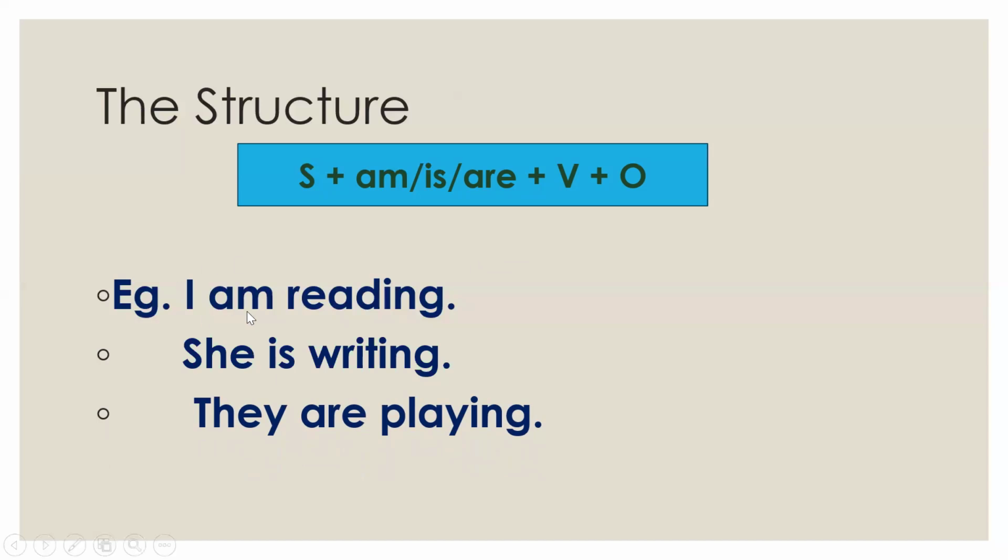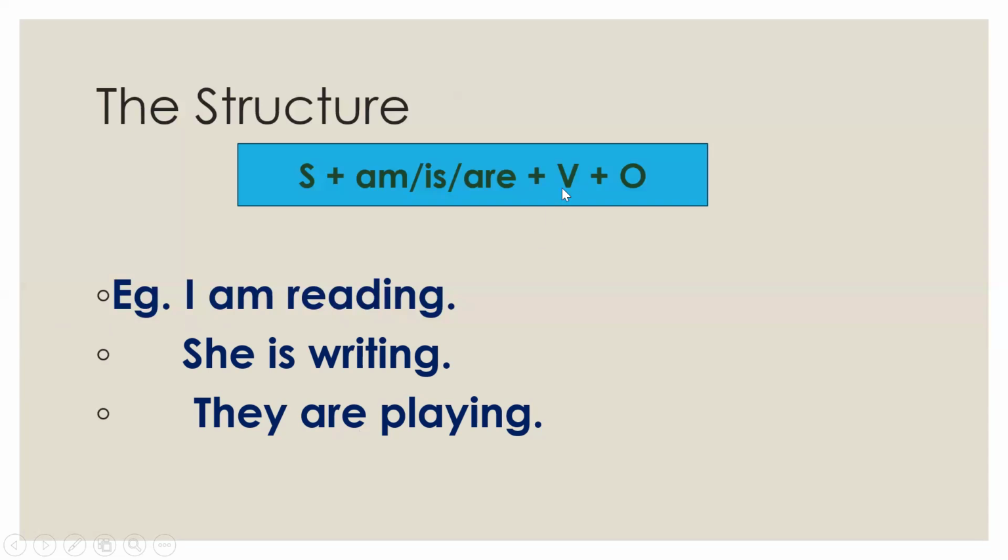So am has to be there, is has to be there, or are has to be there. That's one thing. So you have the subject there. It could be I, she, they, any singular or plural subject. Am for I, is for any singular subject, and are for any plural subject.